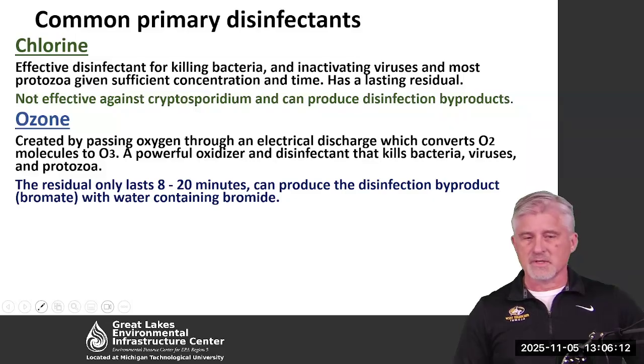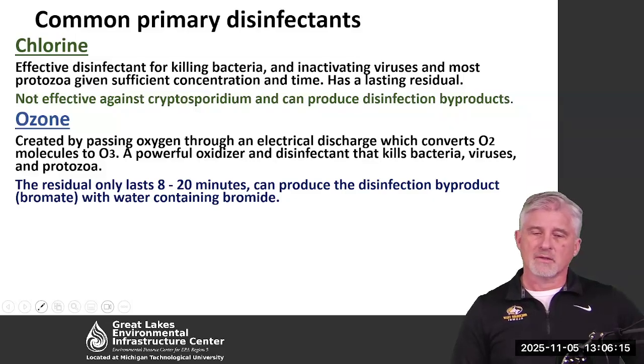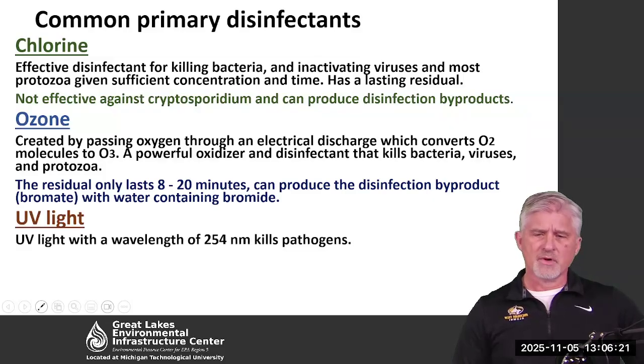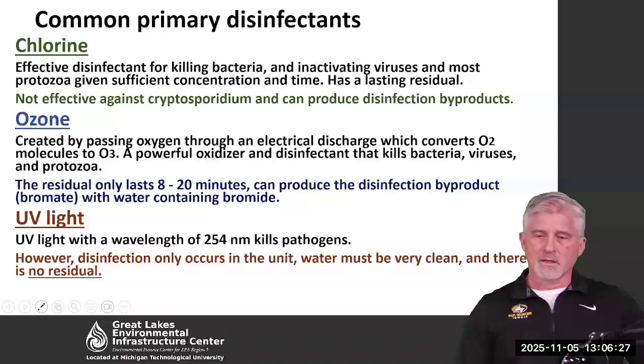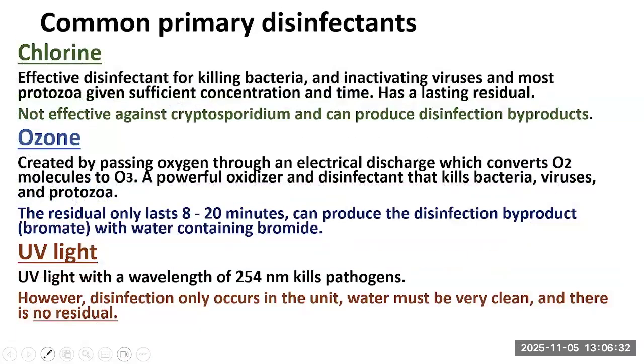It can produce a little different disinfection byproduct, bromate. It can produce that if the water contains bromide. And then the third kind of disinfectant is UV light, and it's pretty effective. However, there is no residual at all with UV light.